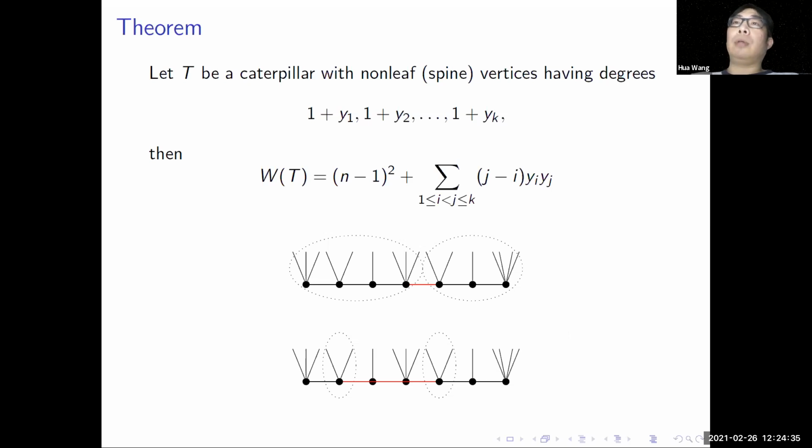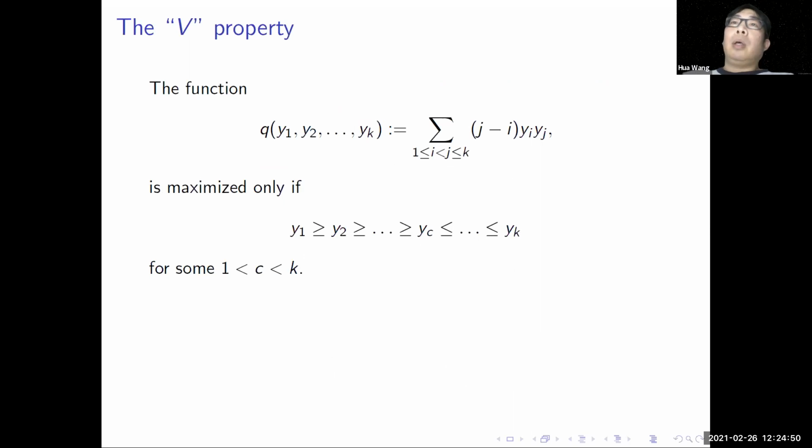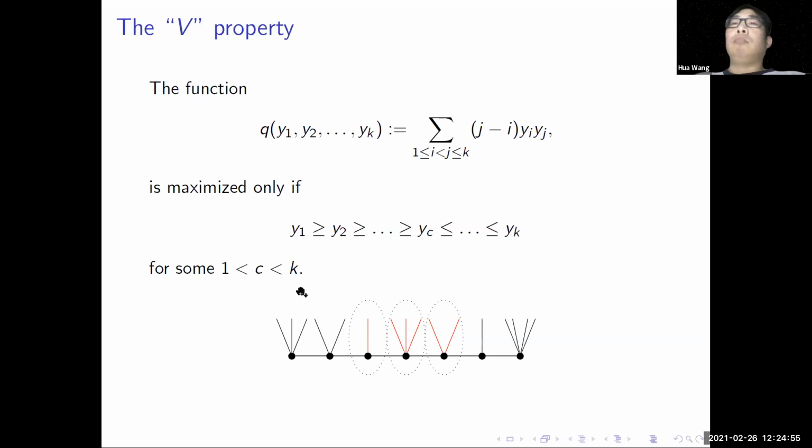And what's interesting about this is that it represents the Wiener index of a caterpillar with a given degree sequence as a quadratic form. And all that matters is the permutation of these degrees. With this representation, one can easily show that the degrees of the vertices along the backbone of this caterpillar have to satisfy the so-called V property, which says that the degree has to go from large to small and then large again.